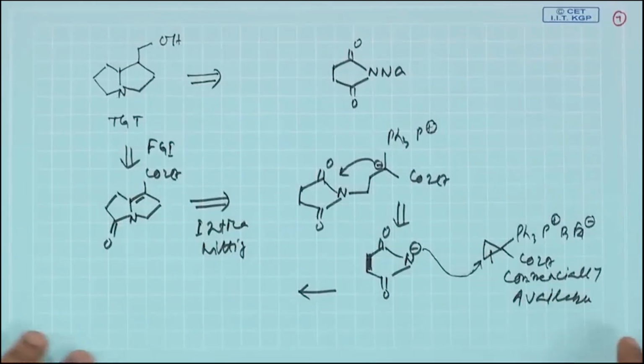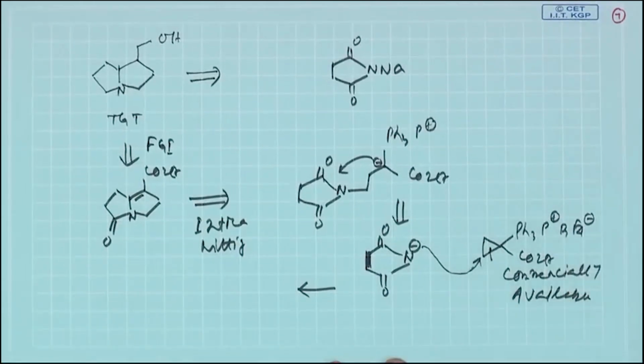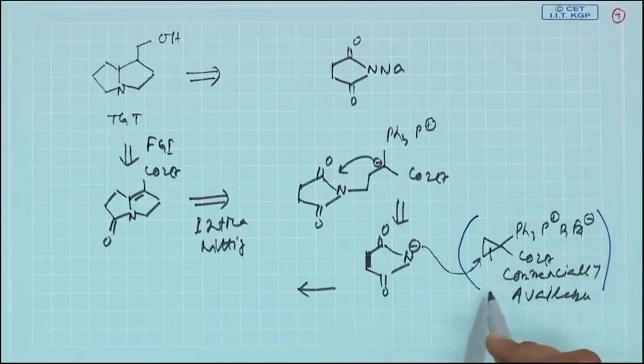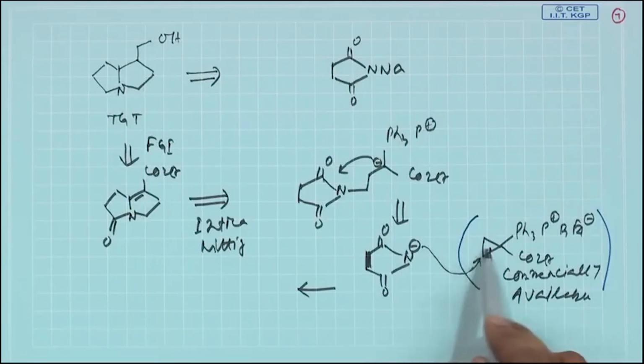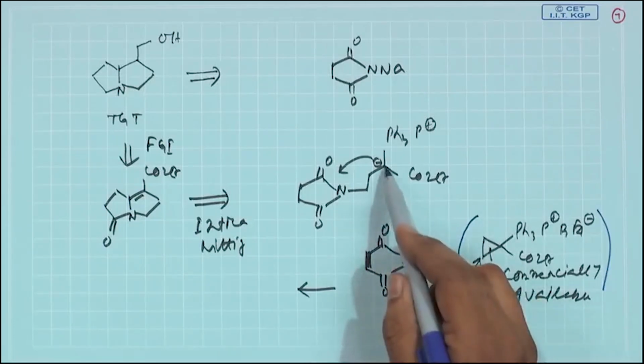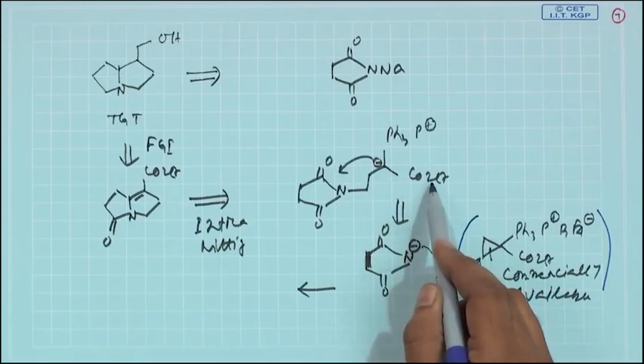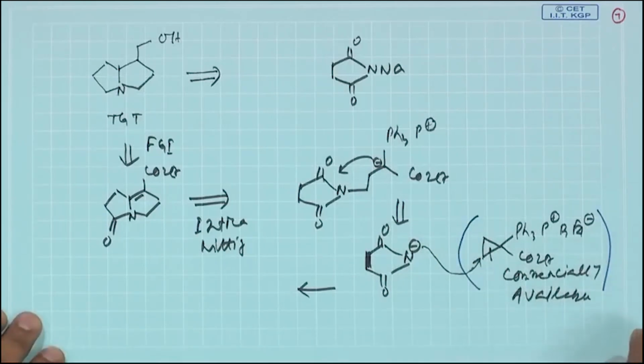Until and unless you know that this kind of Wittig salt is commercially available, this transformation is probably difficult to design. But once you know that this kind of Wittig salt exists, you can think about the mechanism: this nucleophile can clip the cyclopropane Wittig reagent and give you a two carbon extension by this CH2, and this negative charge comes here because it is stabilized by the CO2R.